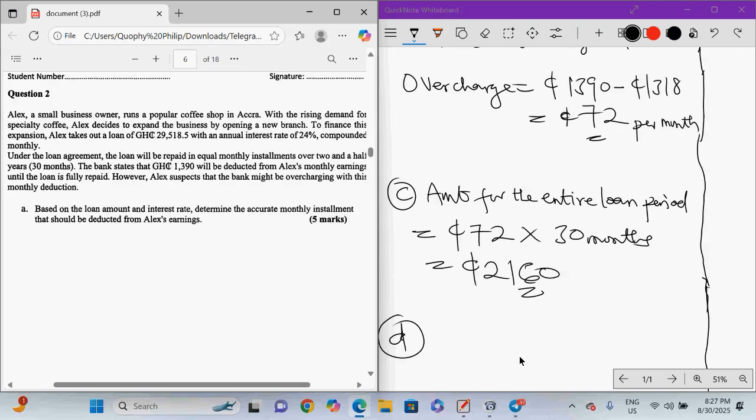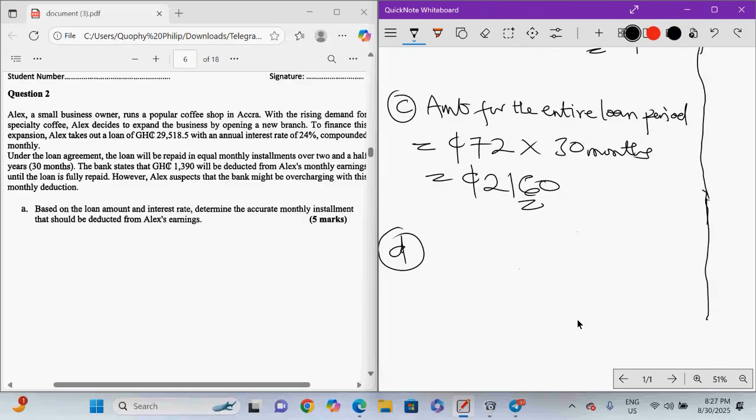So we have to compute the effective rate, because it is compounded monthly. We have to find the effective interest rate before we can use it to do our amortization schedule.